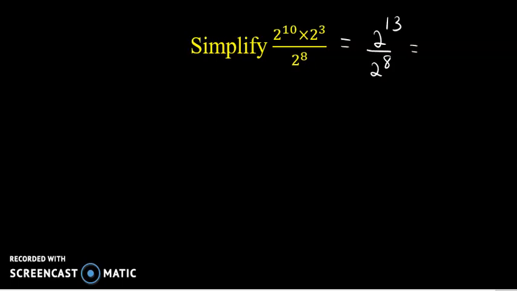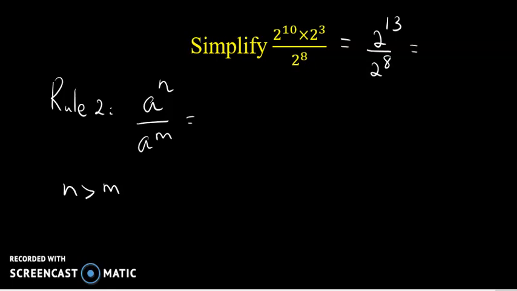And now applying the second law of indices, when you have a to power n divided by a to power m, as long as n is greater than m, then you can have a to power n minus m. So in this case, our answer will be 2 to power 13 minus 8, which is equal to 2 to power 5. End of the story. That is simplified.